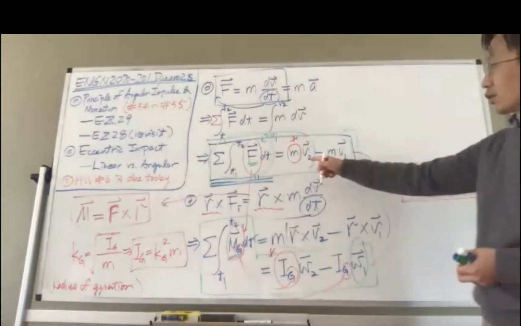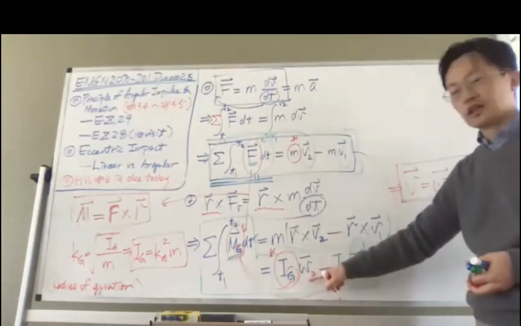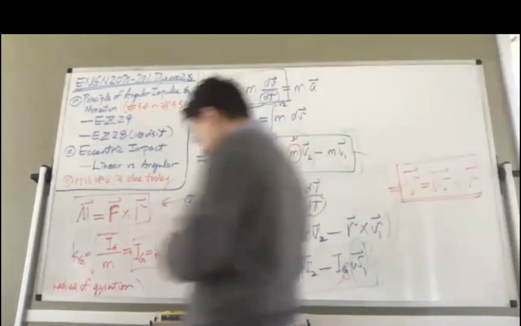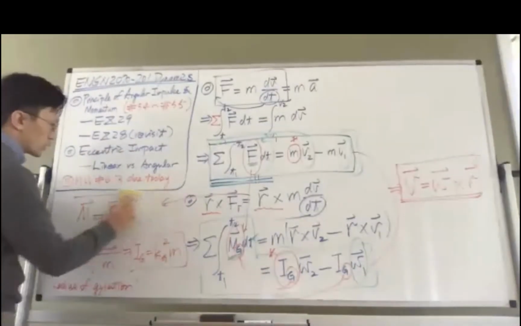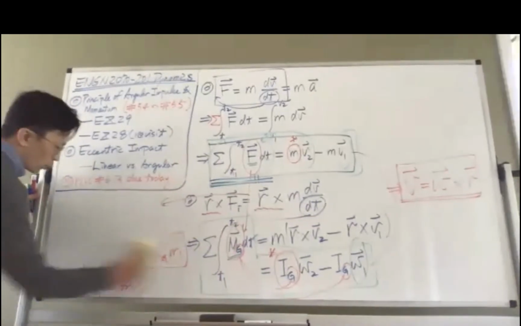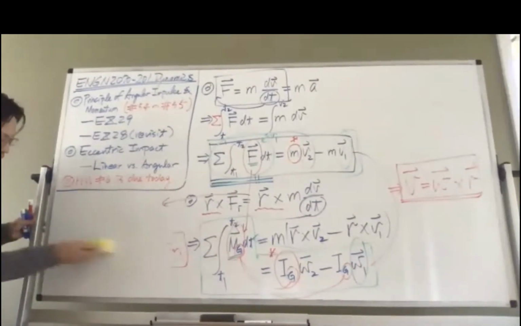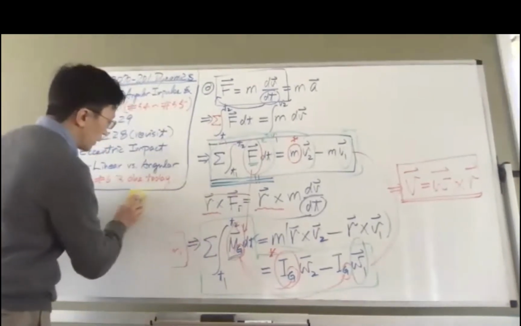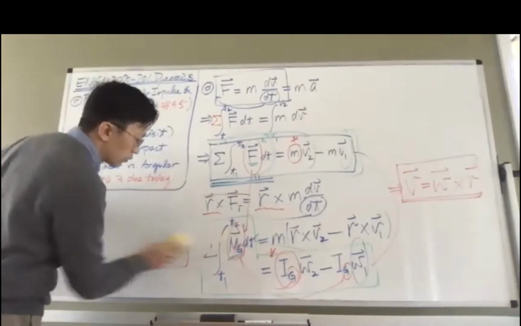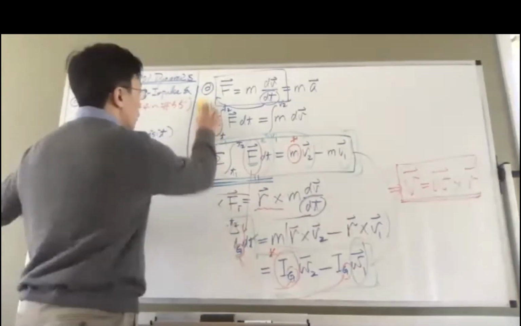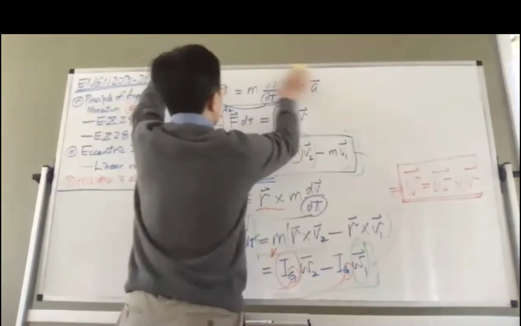Now the last one, how do you convert linear velocity to angular velocity? Just like this, from kinematics, which we learned before. Okay. Now, with this quick review, you know that the principle of angular impulse and momentum is not so different from the principle of linear impulse and momentum. It can be easily related.